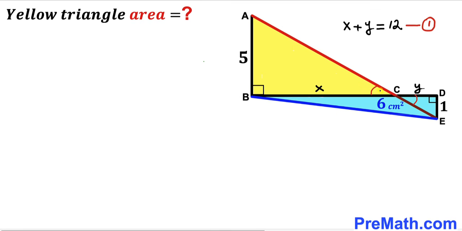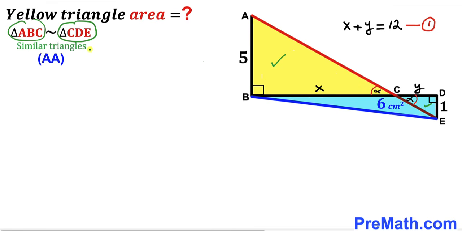In other words, if this angle is alpha, then this angle has to be alpha as well. Moreover, this angle is 90 degrees, and likewise this angle is 90 degrees as well. So we conclude that these two right triangles, ABC and CDE, are similar triangles according to the angle-angle similarity theorem.